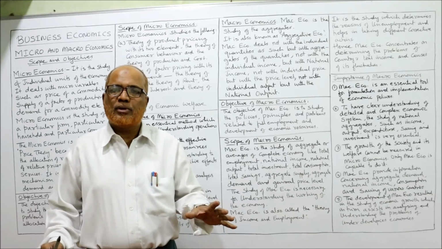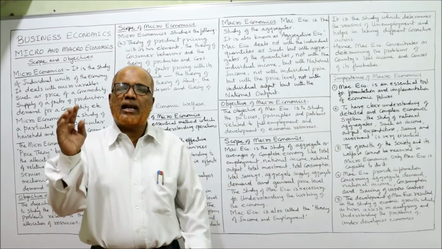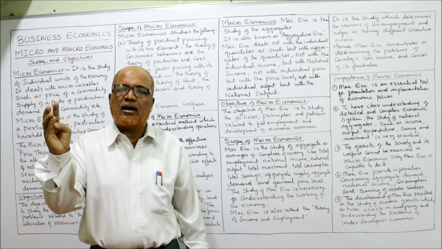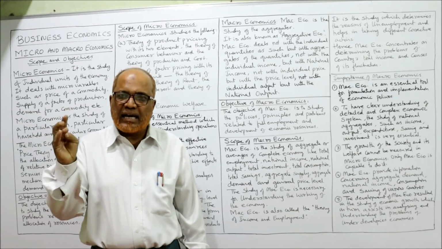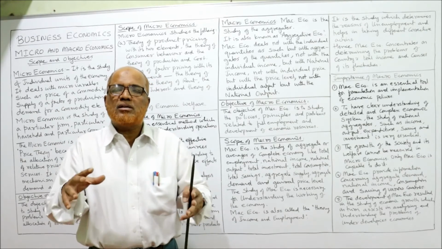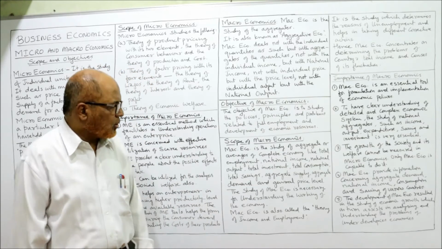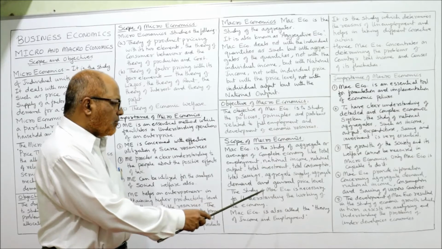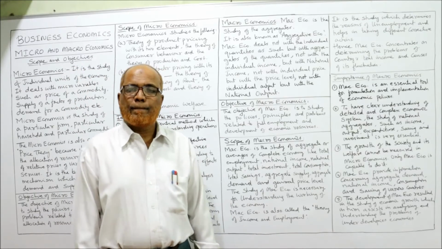That is the scope. Macroeconomics deals with the aggregate: total employment, total income, total production, then total investment, aggregate demand, aggregate supply. All these things come within the ambit of macroeconomics. The study of macroeconomics is necessary for understanding the working of the whole economy.